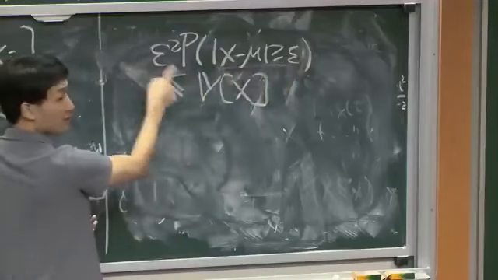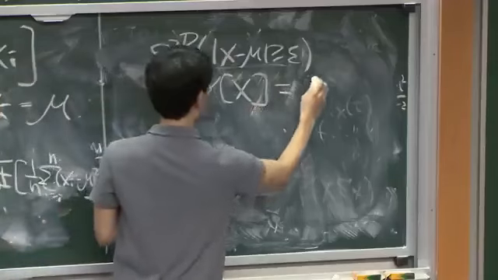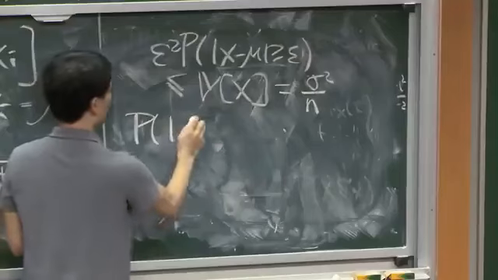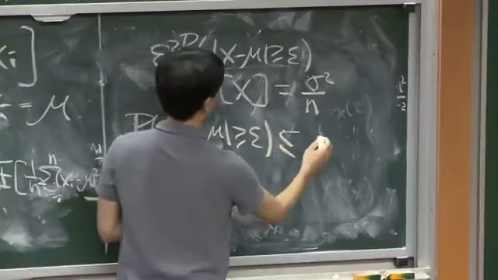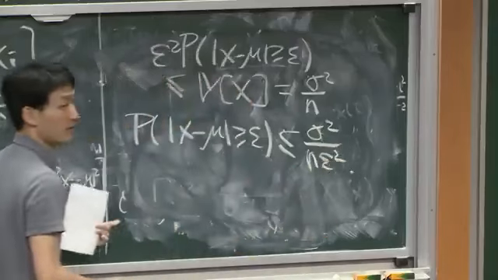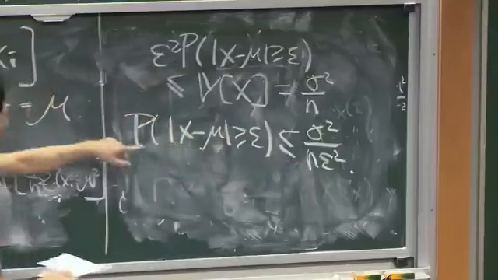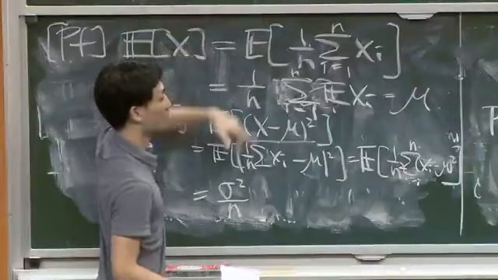So your variance has to be at least that. And this is known to be sigma squared over n. So the probability that |x̄ minus mu| is greater than epsilon is at most sigma squared over n epsilon squared. That means if you take n to go to infinity, that goes to 0. So the probability that you deviate from the mean by more than epsilon goes to 0.